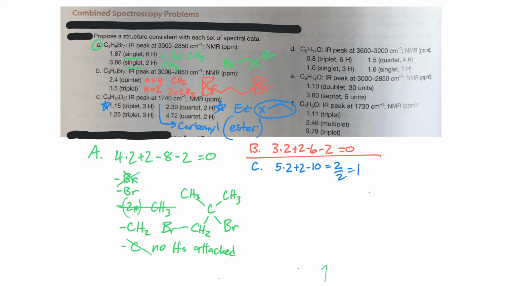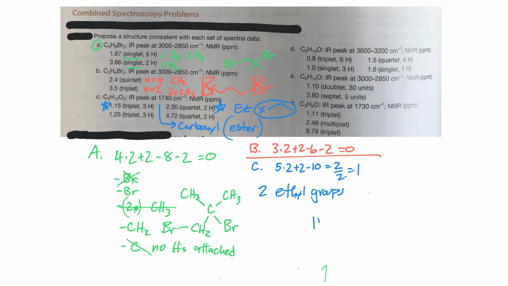So it looks like we have 2 ethyl groups that are not the same, obviously, because we have different chemical shifts. The biggest indicator here is the 2-hydrogen quartet at 4.72. That's quite far shifted from a standard 1.2 ppm methylene signal. So that tells me that this is probably next to an ester.